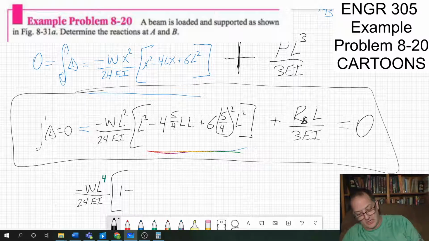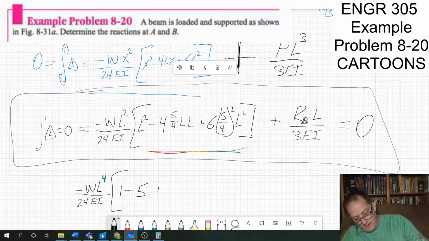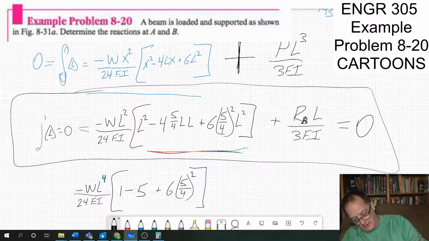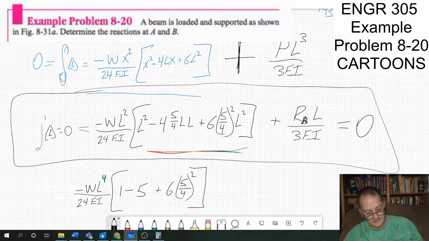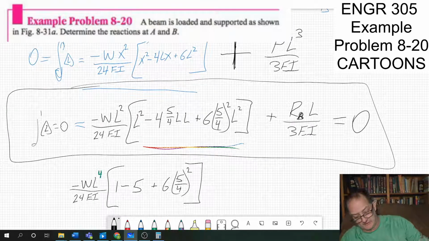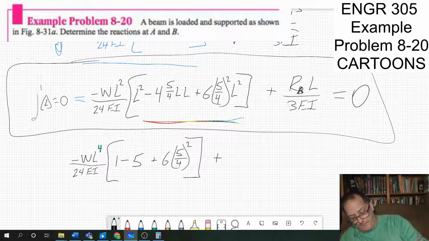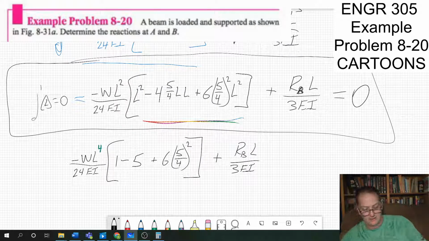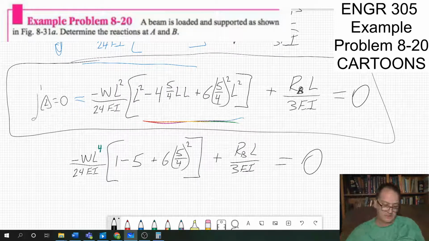Minus, the L's are gone, the 4's cancel, minus 5, plus 6 times 5/4 squared. Oh, that's ugly. Maybe it's not that ugly. Plus RBL over 3EI. I'll put the 0 back over there just to be complete.